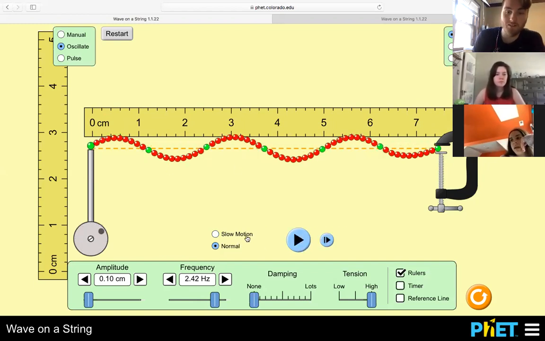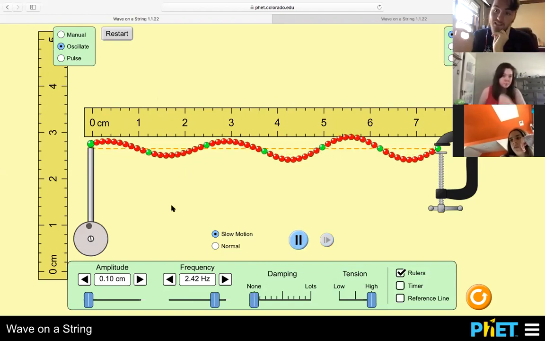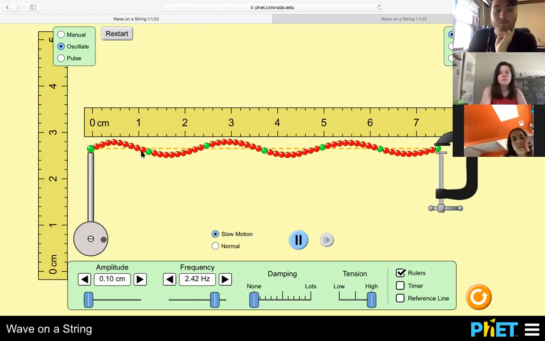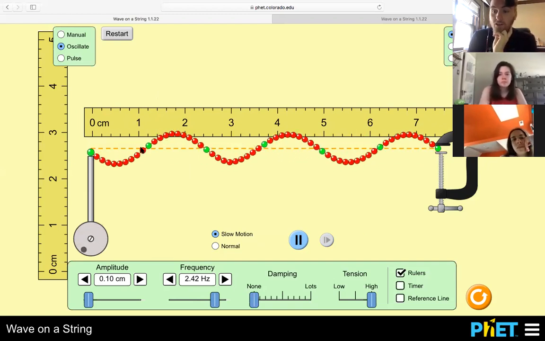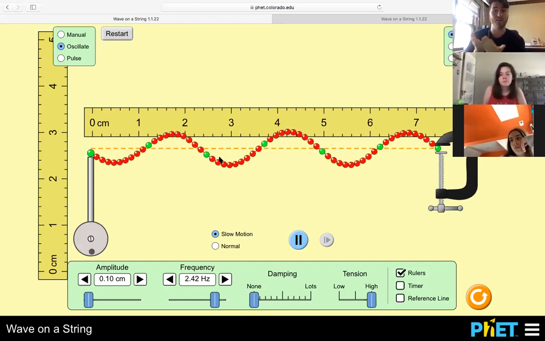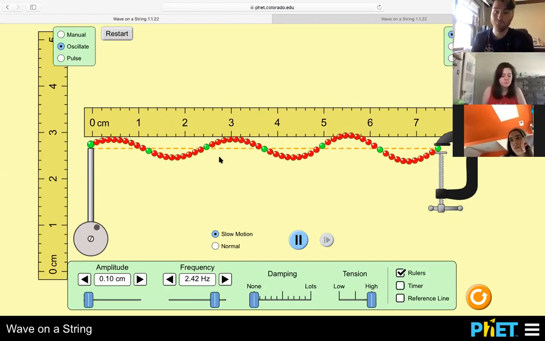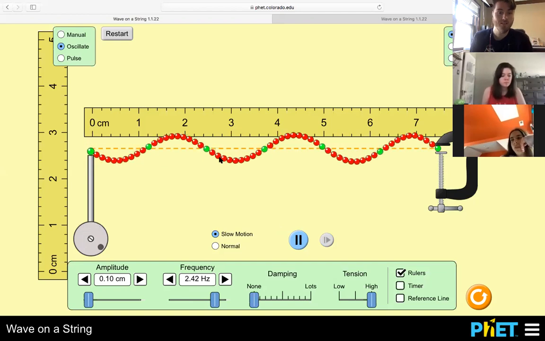But if I turn it into slow motion, a node is a point of perfect destructive interference, meaning that it's always going to be along the equilibrium. Because that's what a standing wave is. It's a point of fantastic constructive and destructive interference at the same time. So that's the idea.